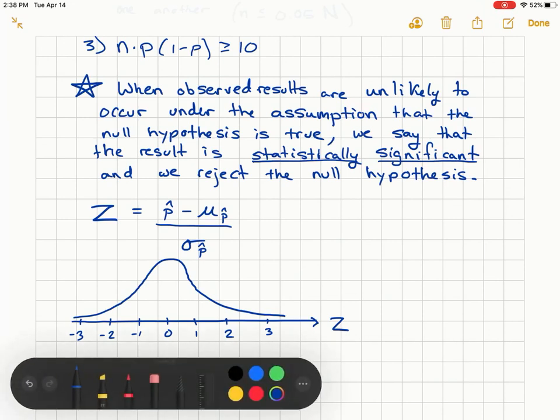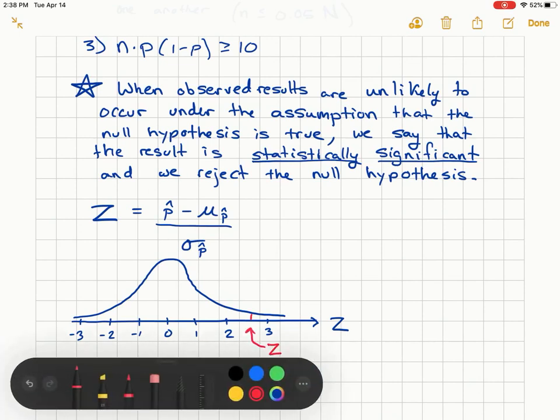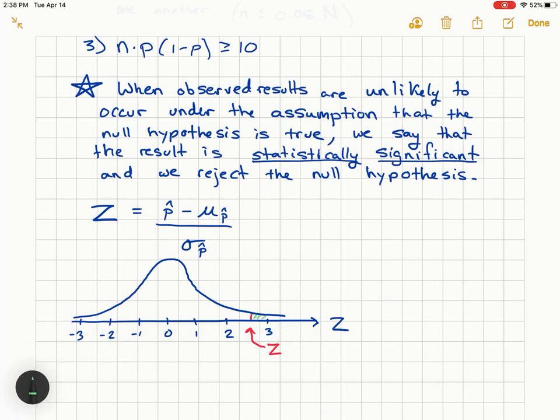And if we get a z-score that's a lot higher than we would expect, or a lot lower than we expect, then we could say that that result is statistically significant, in which case we would reject our null hypothesis.